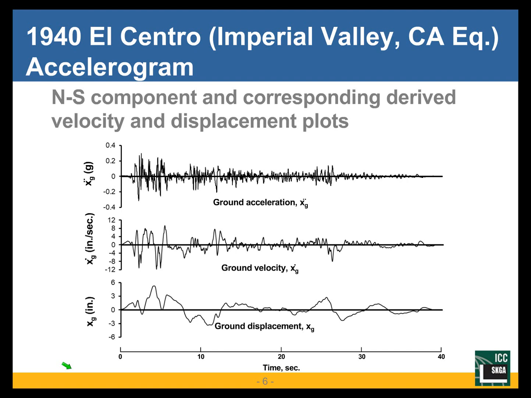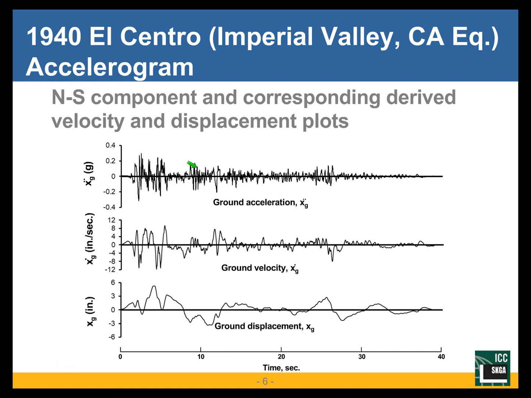Now agencies like USGS who do this kind of recording or collect this type of recording, they would routinely integrate the accelerations with respect to time, and that integration would give us ground velocities as a function of time, which is the middle plot.